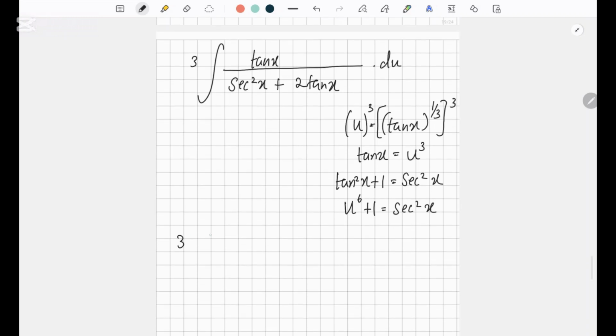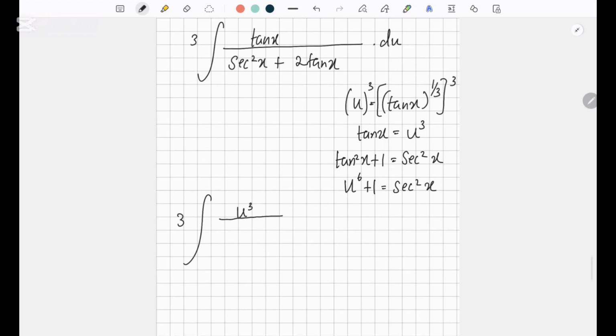Let's go back into our question. So tan x is going to be u to the power 3 over sec squared x, which is u to the power 6 plus 1, plus 2 into tan x, which is u to the power 3, dot du.